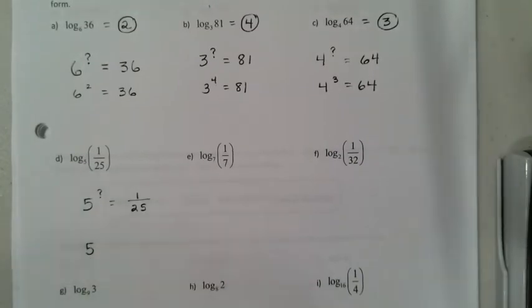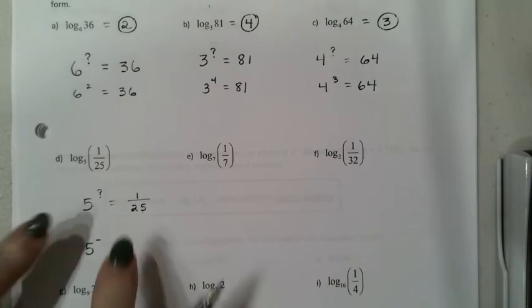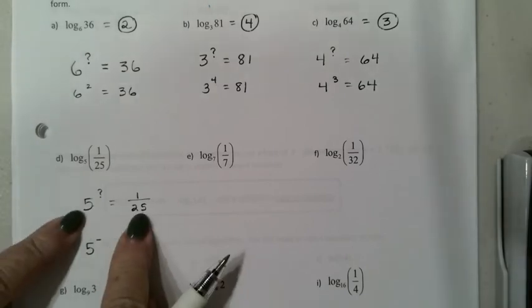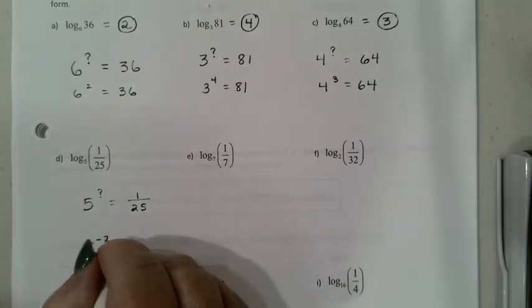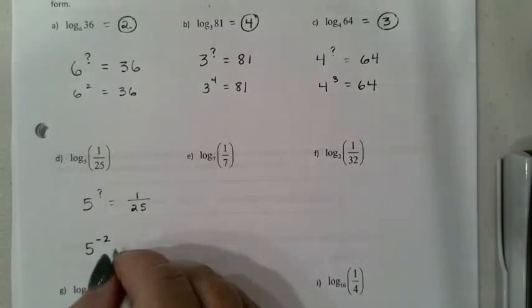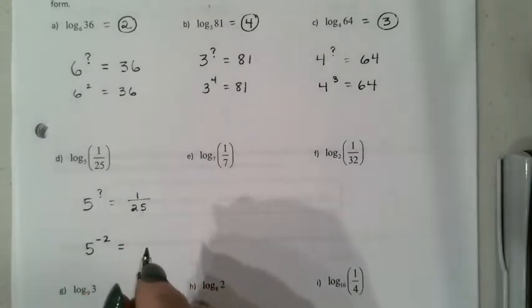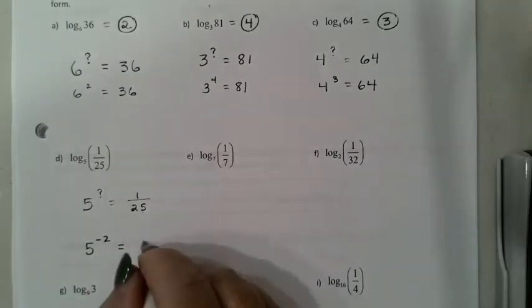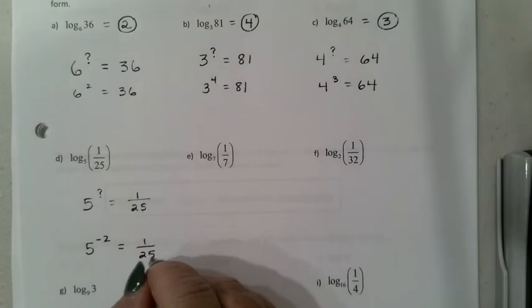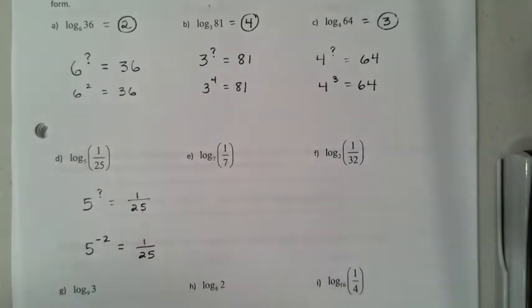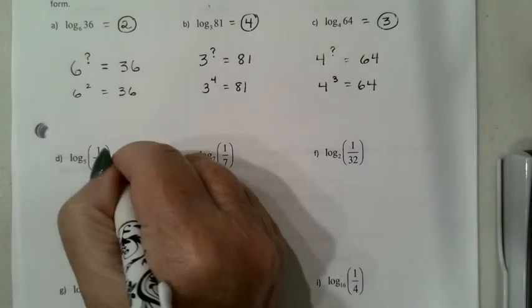The first thing I'm going to say here is that in order to move that into the denominator, I know for sure it's going to be a negative power. I also know 5 squared is 25, so I think my negative 2 is going to do that. So my exponent here that I had to use was negative 2.